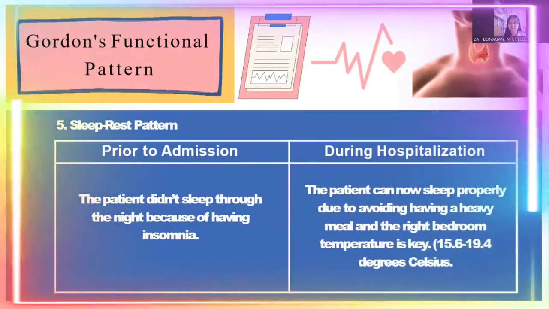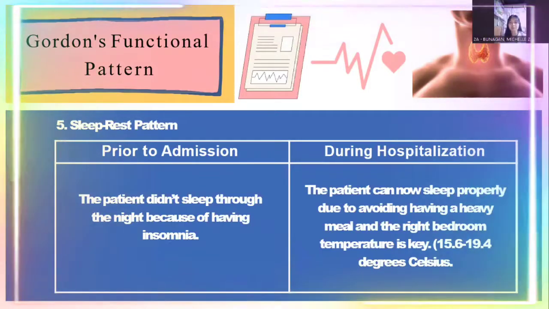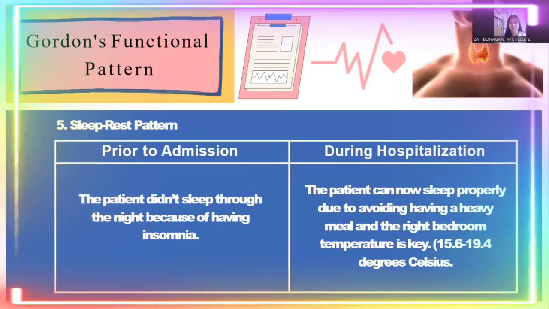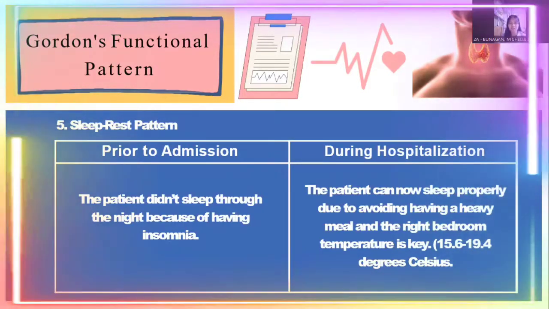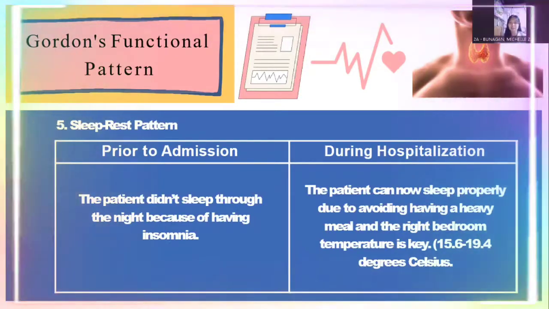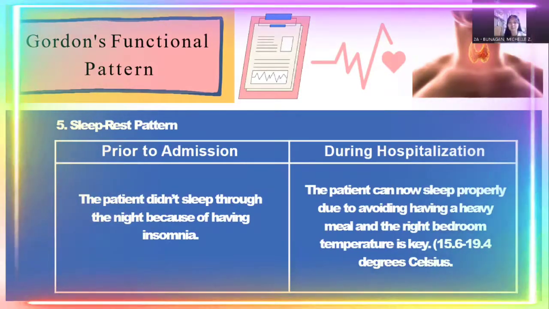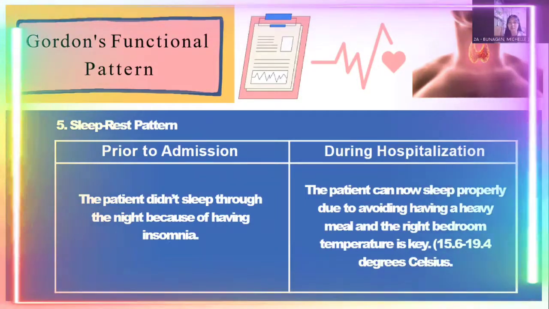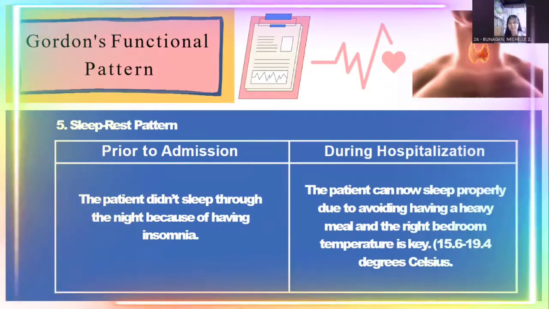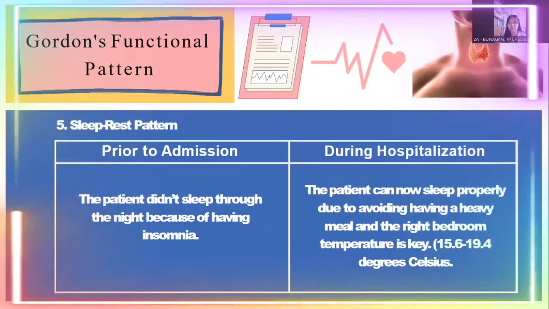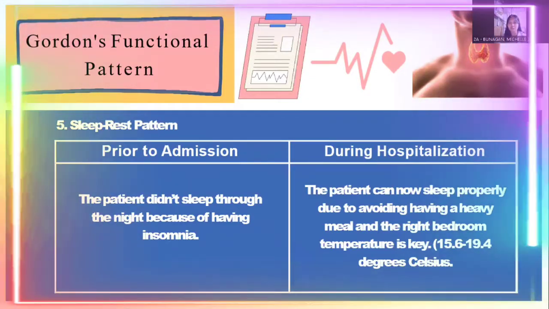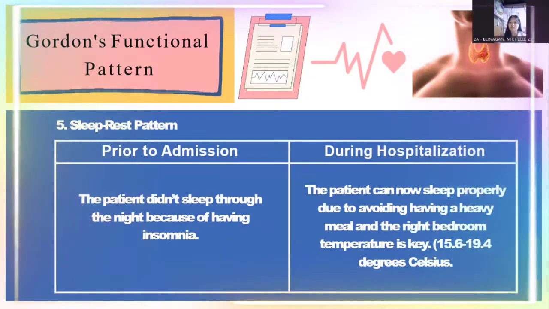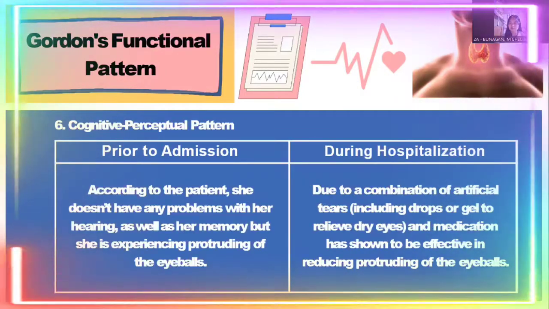For sleep rest pattern, the patient did not sleep through the night because of insomnia. During hospitalization, the patient can now sleep properly due to avoiding heavy meals, and the right bedroom temperature is key, such as 15.6 to 19.4 degrees Celsius. Next, please.